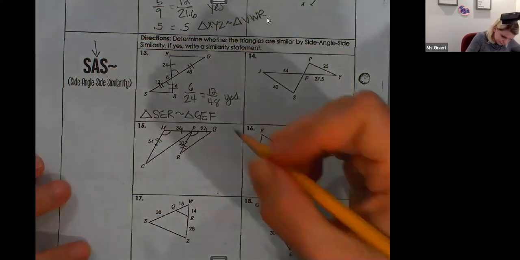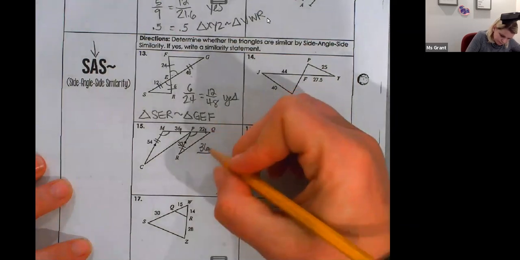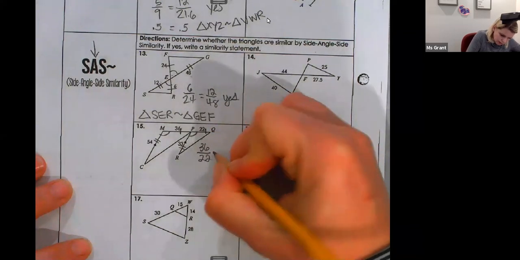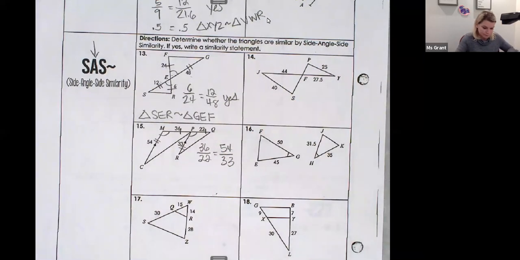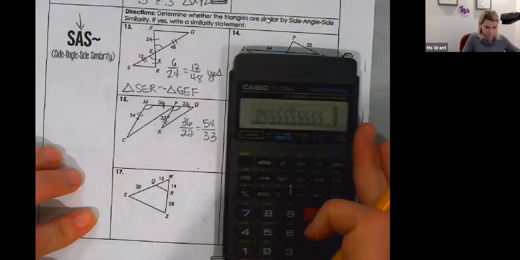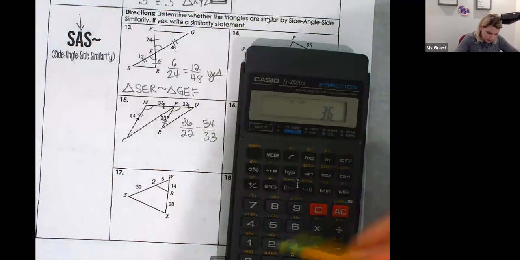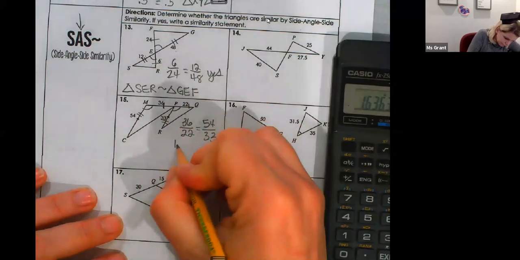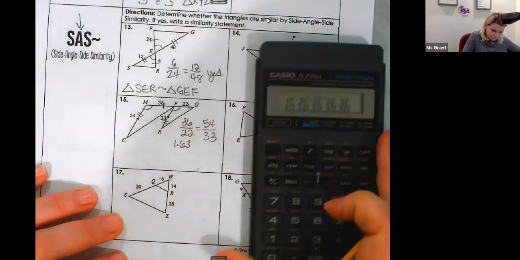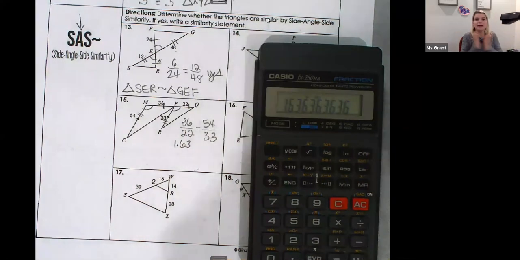Is 36 over 22 equal to 54 over 33? I don't know. 36 divided by 22, 1.63. 54 divided by 33, 1.63.